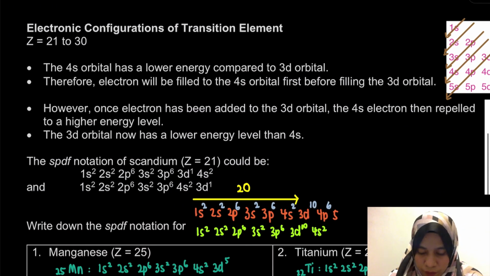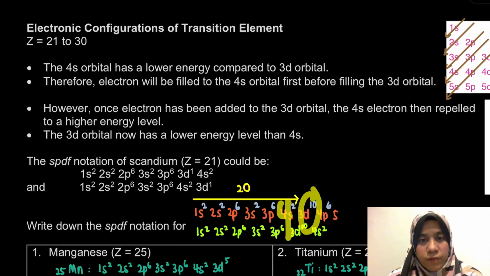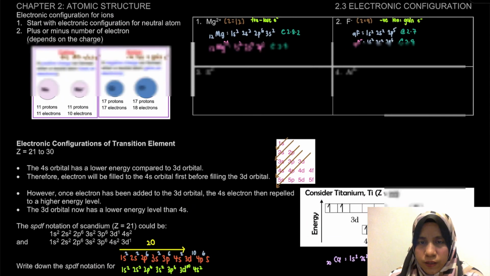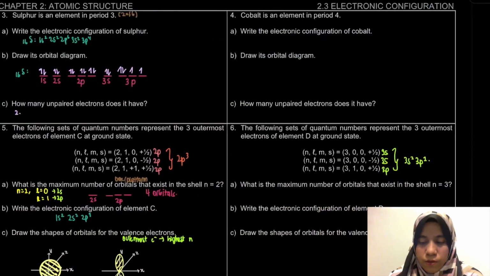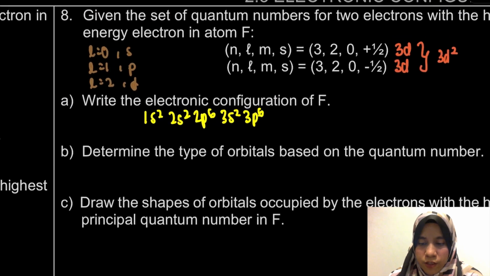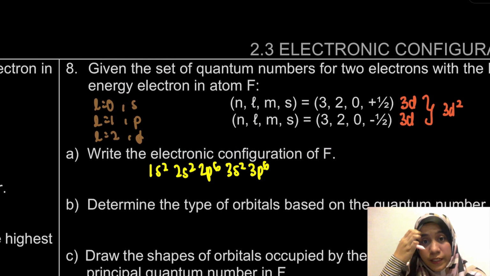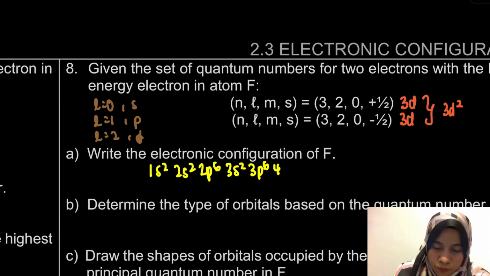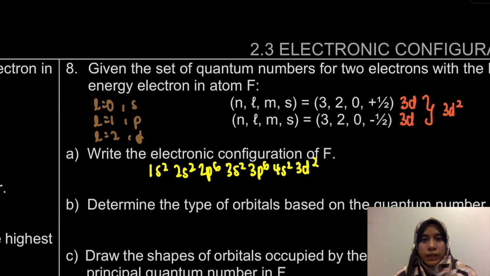Remember, before we fill up our 3D orbital, we fill up our 4s first. When 4s is filled, then we're going to fill up 3D10. So before we fill this 3D orbital, we have to fill our 4s2 first. 4s2, then 3D2.